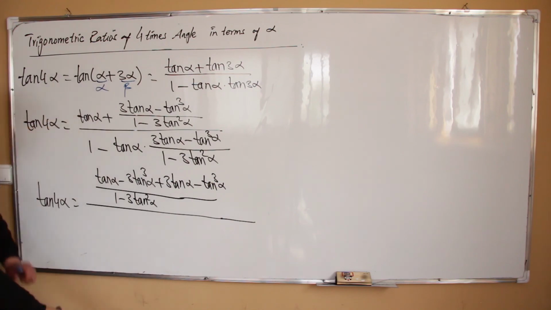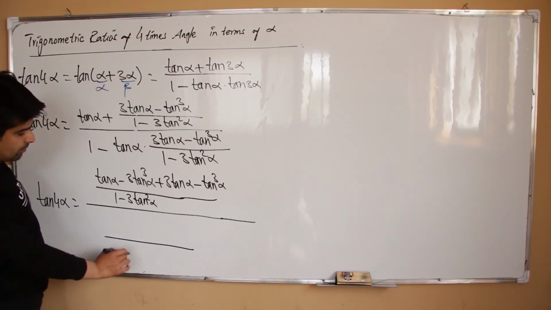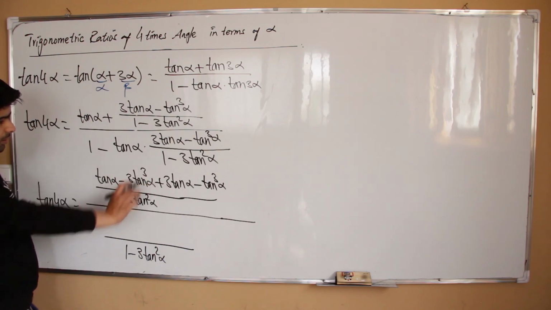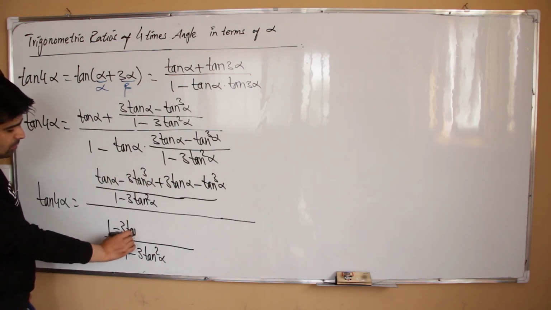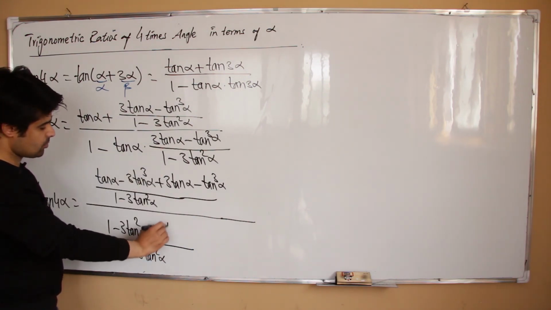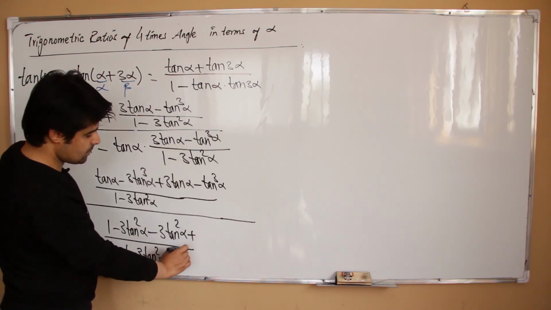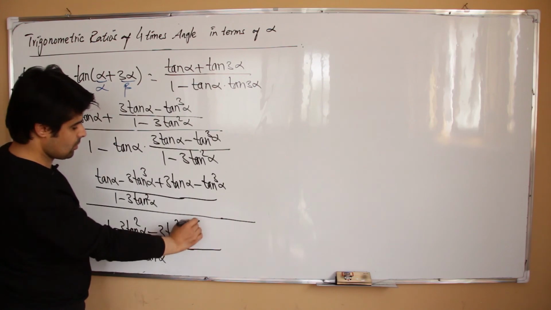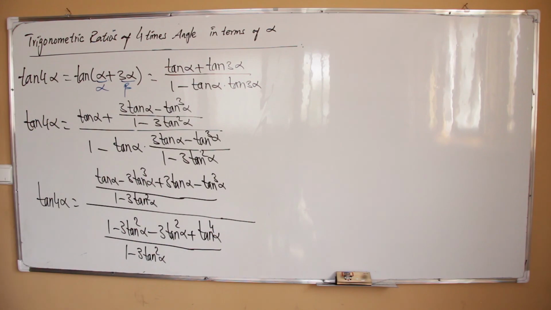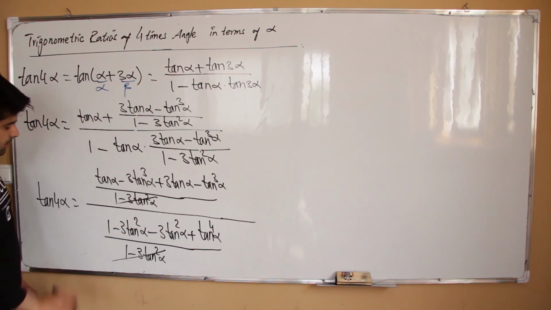Now the same in the denominator, 1 minus 3 tangent square of alpha. 1 times this one, 1 minus 3 tangent square of alpha, minus tangent alpha times this one, minus 3 tangent square of alpha. Negative with this negative, it is plus. Tangent with this one, tangent to the power 4 of alpha. Have I made any mistake? I think no. Okay, this is cancelled.